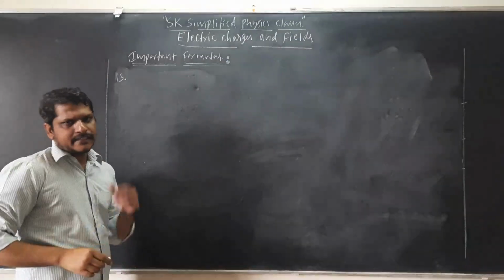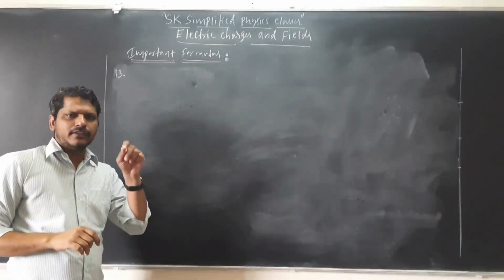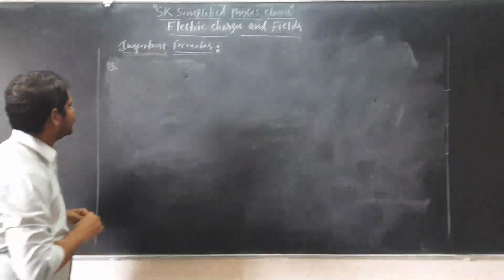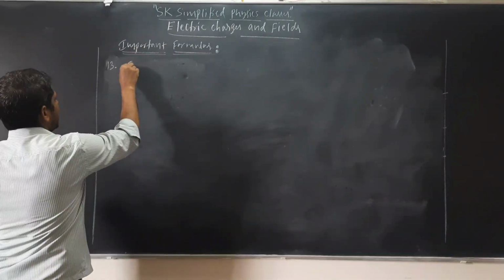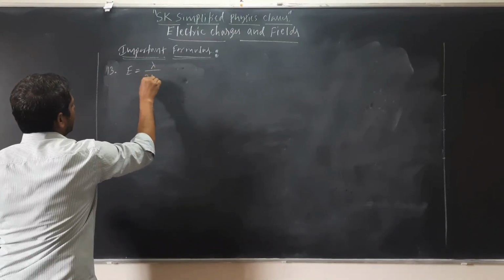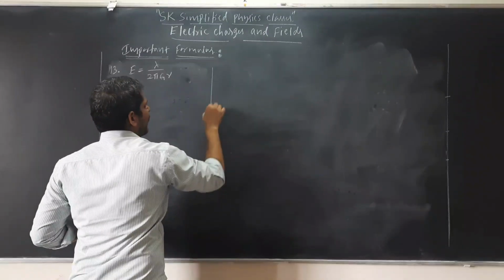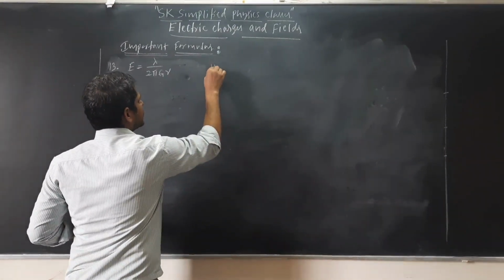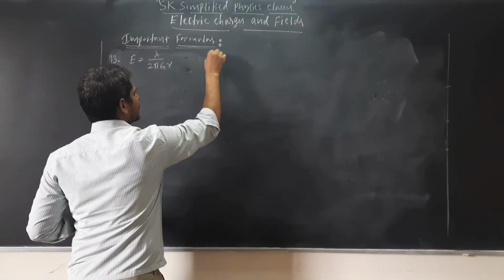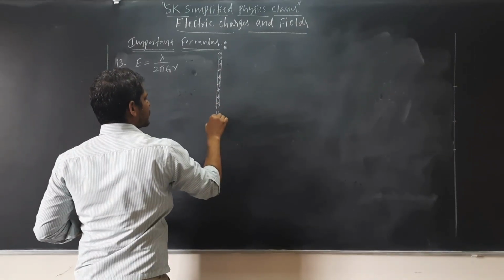Now, the electric field at a point due to a uniformly charged infinite length of wire. The expression for electric field is E equals lambda divided by 2 pi epsilon naught R. This is the wire which has the uniform charge density, and it may be plus or minus. This is the infinite length of the wire on both sides.